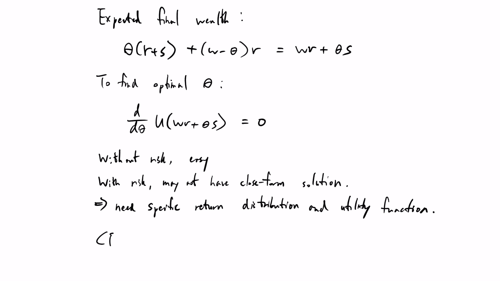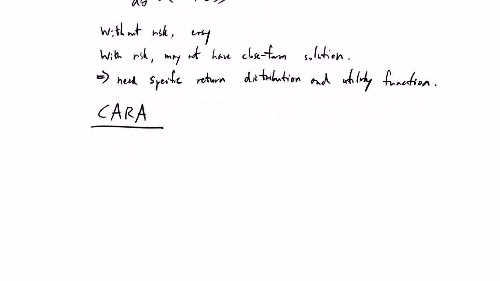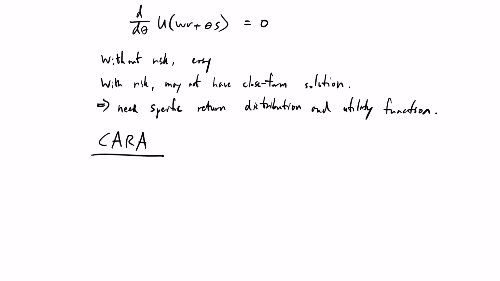For CARA, constant absolute risk aversion, the assumption is you will need the risky return to be normally distributed, with mean mu and standard deviation sigma. That's a very standard assumption.